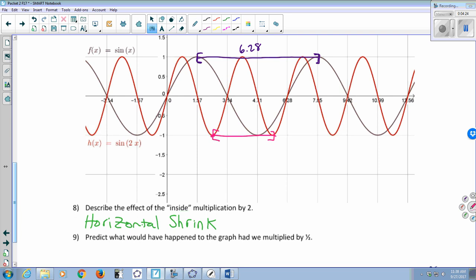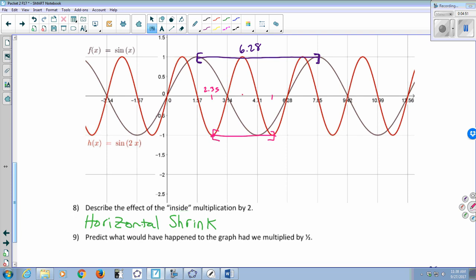That distance is a little harder because these aren't labeled. Let's say 3.14 plus 1.57 divided by 2. This point here is 2.35. And this point here is halfway between, 4.71 plus 6.28 divided by 2.